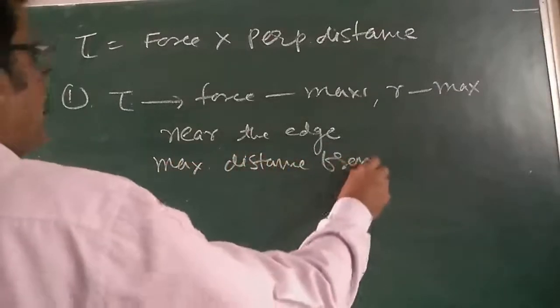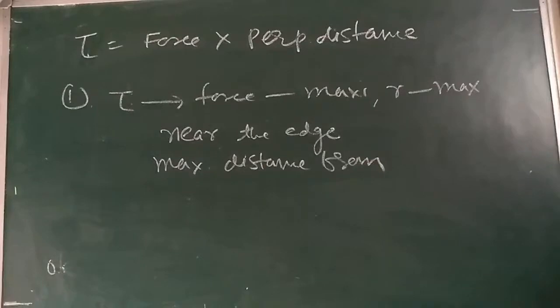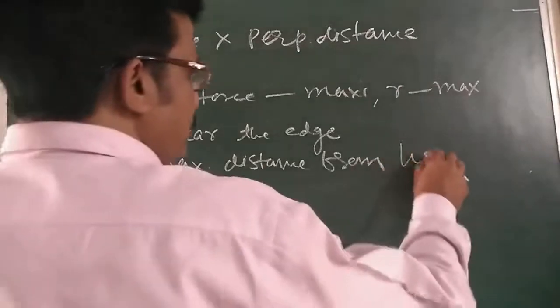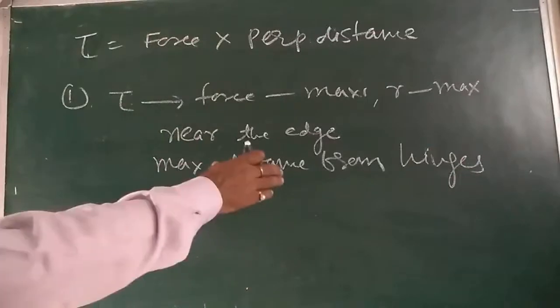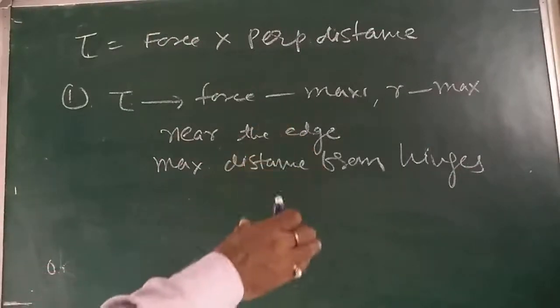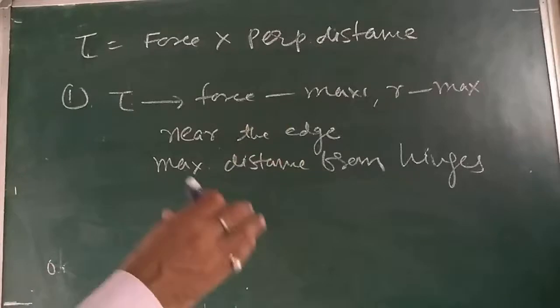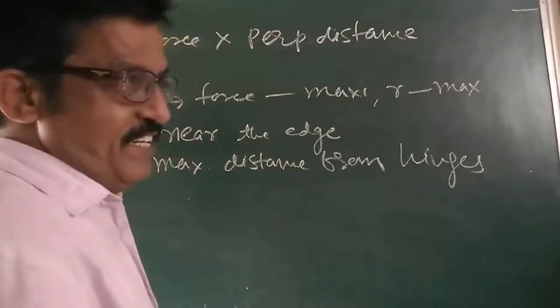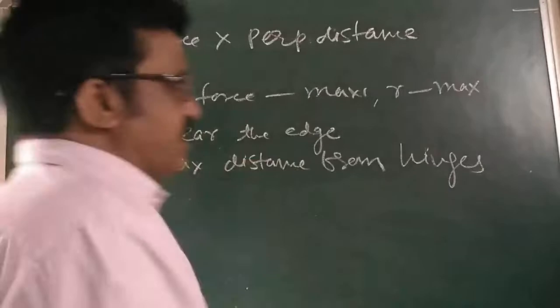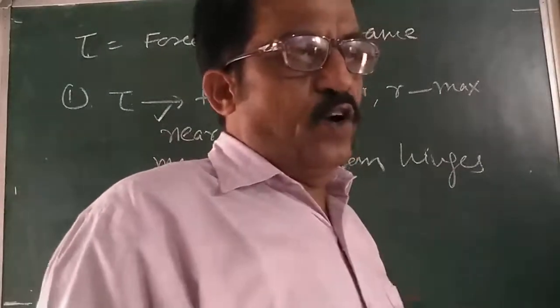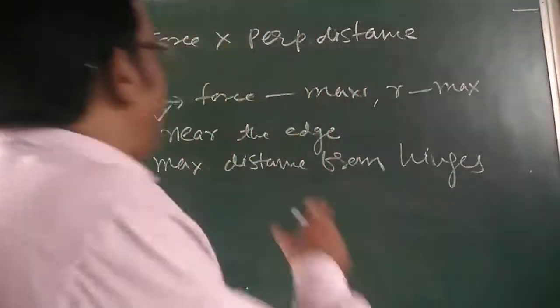That is why the handle or knob of the door is provided near the free edge of the plank of the door. Is that clear? This is the best example at our home and in our laboratories, where we have a handle near the edge.